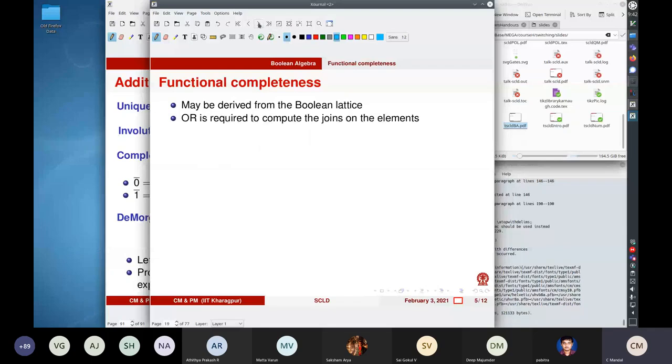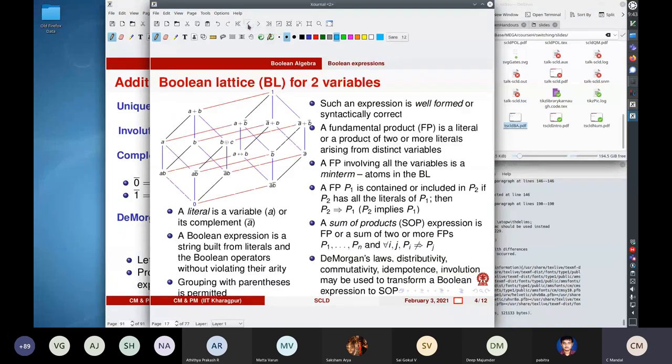so functional completeness. You might have a question: what are the Boolean operations that you need to express any Boolean function? As you have seen, any element of the Boolean lattice can be expressed as an irreducible irredundant sum.